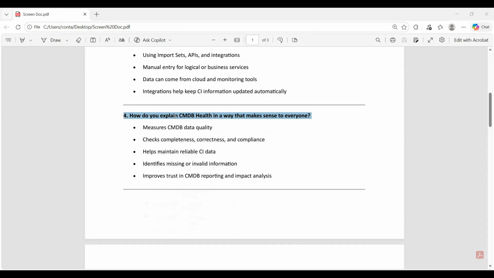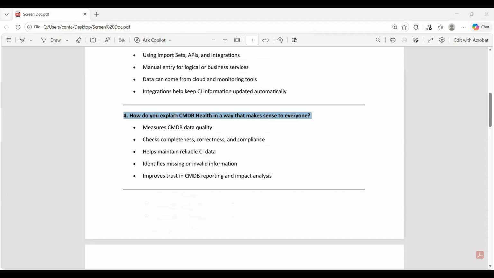There is a complete CMDB health dashboard which is available. You can refer to that. Okay, so this demonstrates that we focus not only on creating records, but also on maintaining long-term data quality. And again, this is very, very important, and it helps the organization in taking decisions going forward.